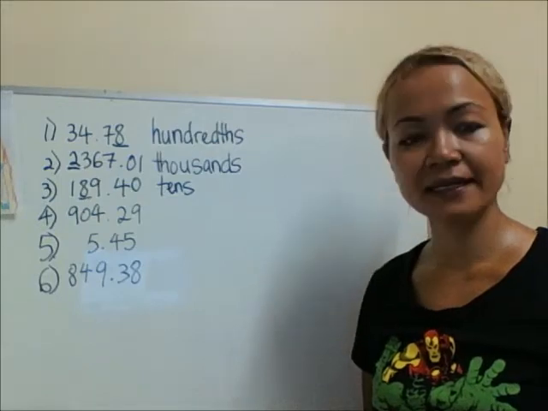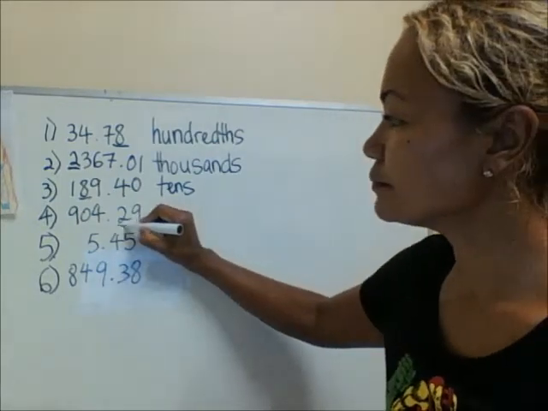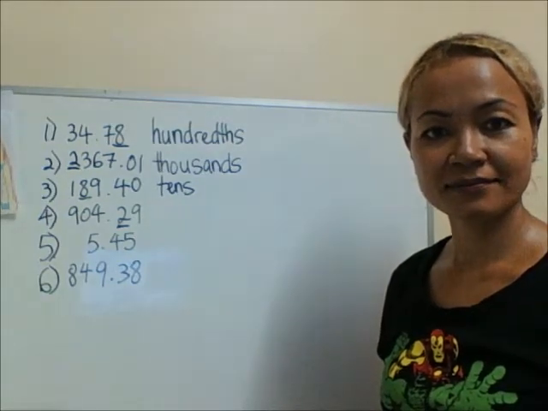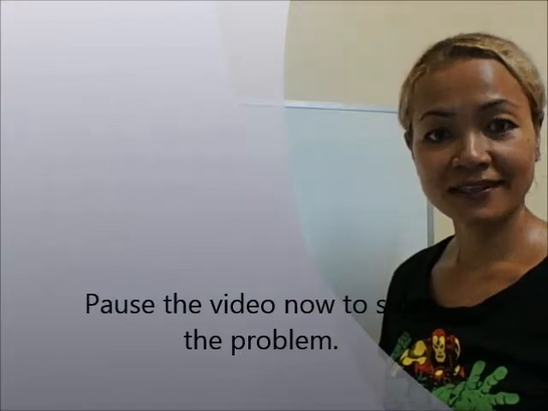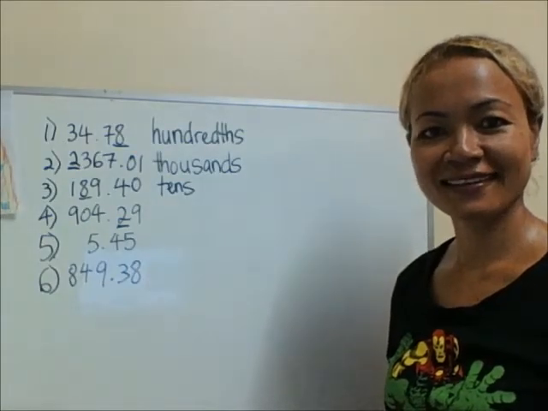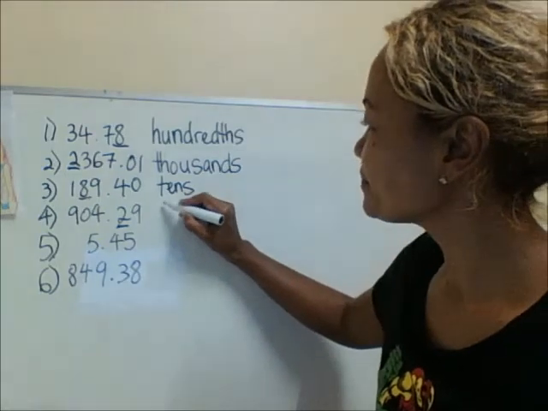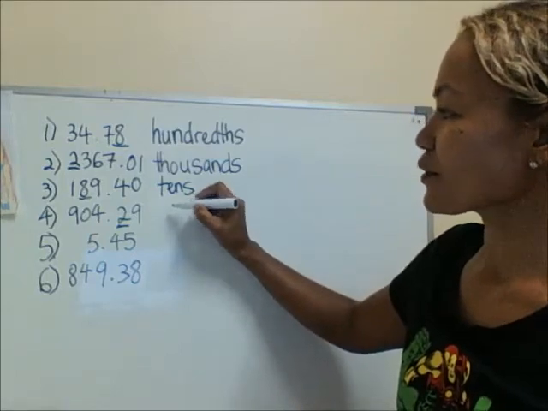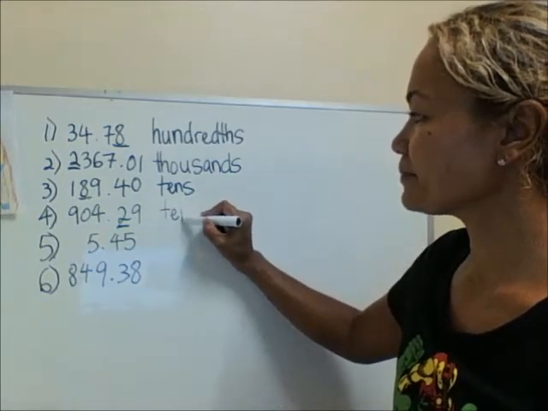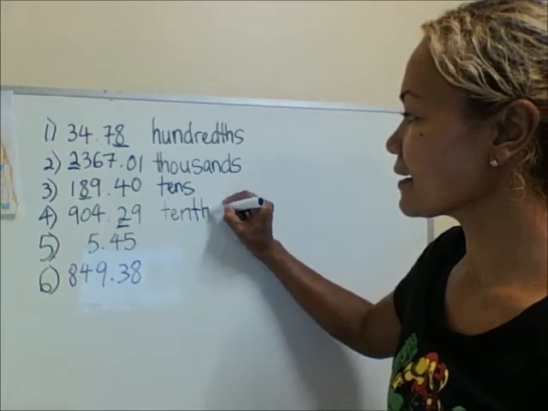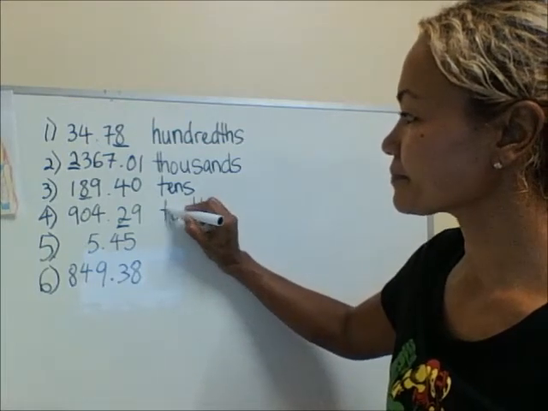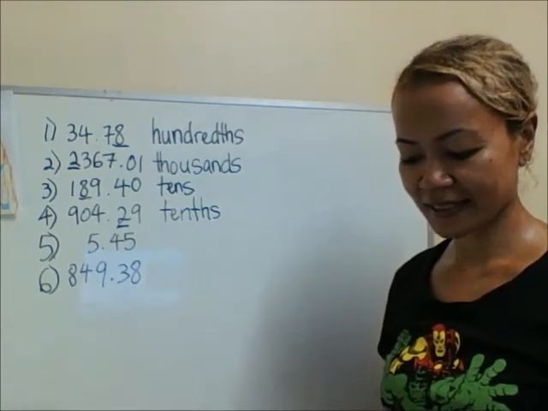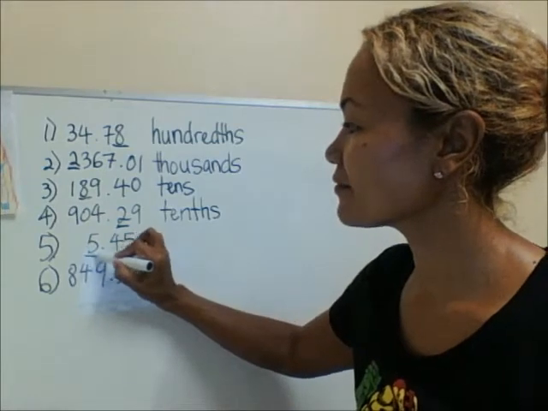Okay, the fourth one underlines the 2. I'll give you some time to solve it now. Did you get it? Okay. That is one place after the decimal point, so that is the tenths. On to the fifth one, the second last one, and we have 5 underlined.